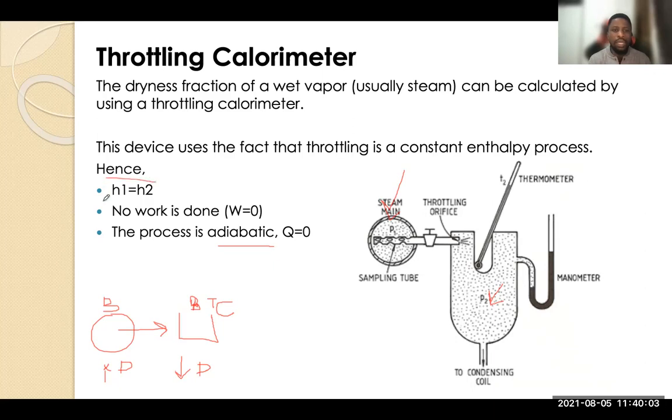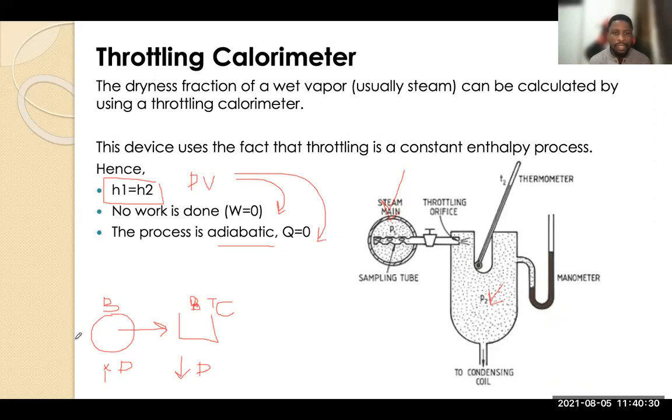From your PV relationships, we've done that previously, once H1 is equal to H2, your Q equals 0 and your W equals 0.